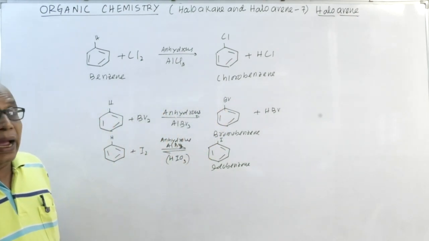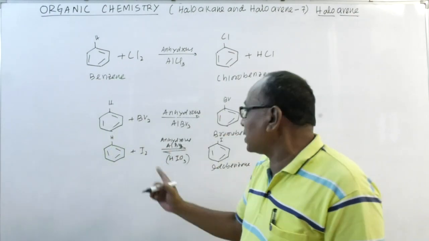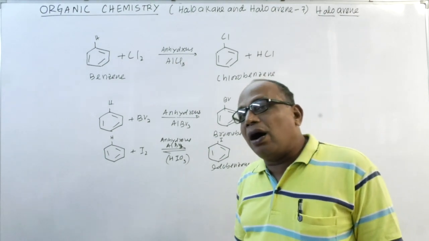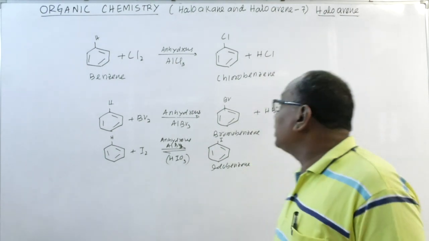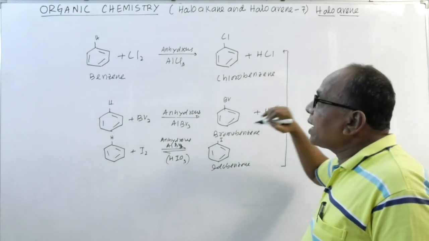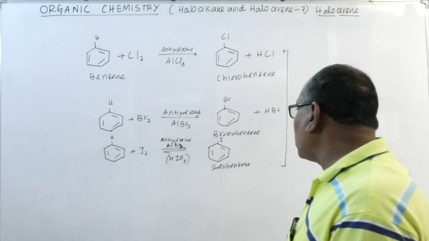Okay, students, fluorobenzene cannot be prepared by this direct halogenation due to the high reactivity of fluorine. And these are known as what reaction? Substitution reaction. The hydrogen atom is substituted by halogen. That's why it's a substitution reaction.